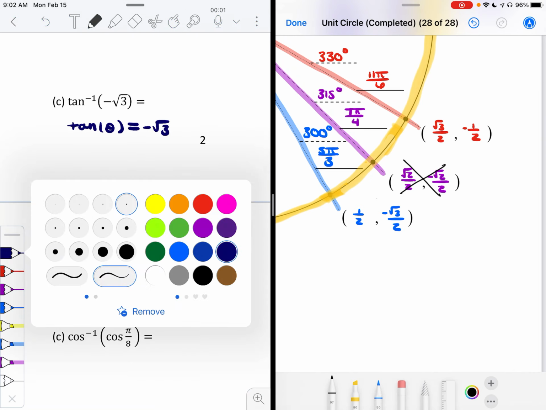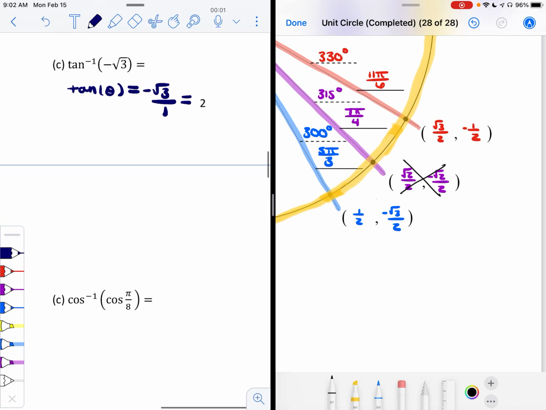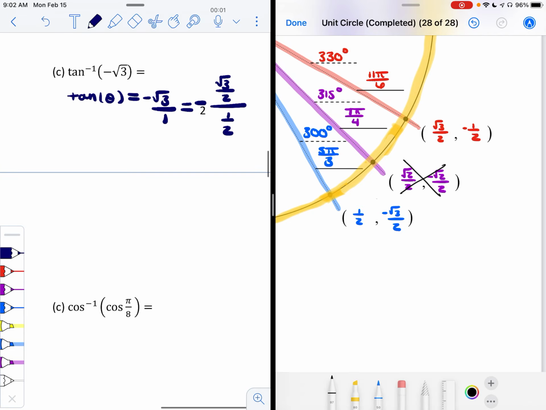So if we think about this, tangent of theta is equal to negative root 3. So that would have come from a root 3 over 1, essentially. And if we think about our unit circle values, that had to have been a root 3 over 2 in the numerator and a 1/2 in the denominator. I'm not sure yet where the negative goes, so I'm just going to leave the negative out front. So if we look over here at our potential answers, we know that tangent is y over x.